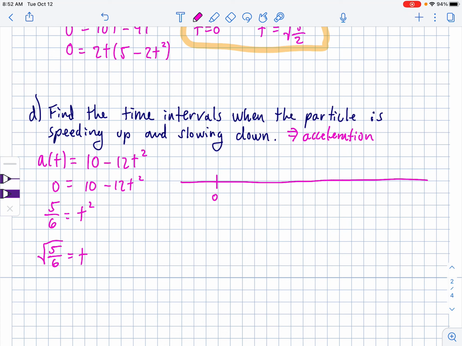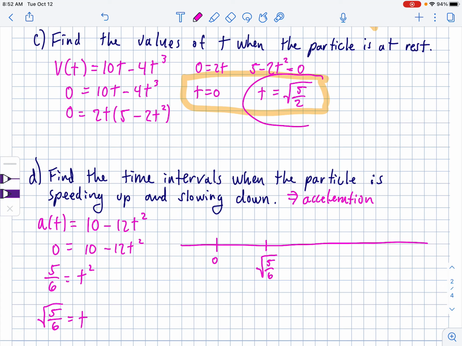So we have to do this big zone test thing. On the zone test, we have time starting at 0. Then there's a change at root 5 sixths, because that's where the acceleration turns around.